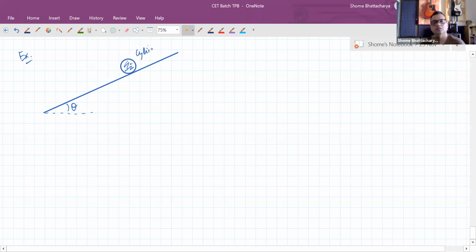This is a cylinder of mass m, and this is a smooth inclined plane.